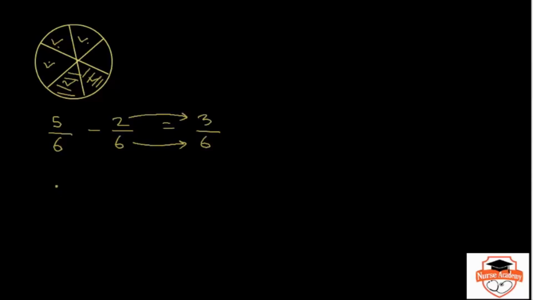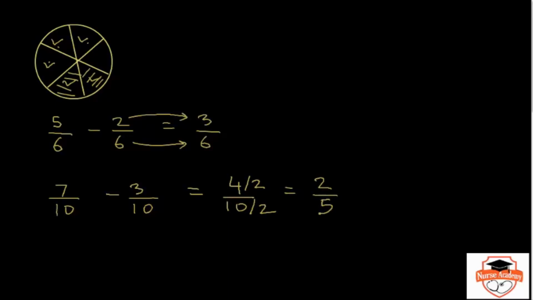And in the same way, 7/10 minus 3/10 is going to give you 7 minus 3, which is 4 over 10, 4/10. And that can be simplified. You can divide 4 with 2 and 10 with 2. You end up getting 2/5. And you can actually add and subtract more than 2 fractions in the same way.